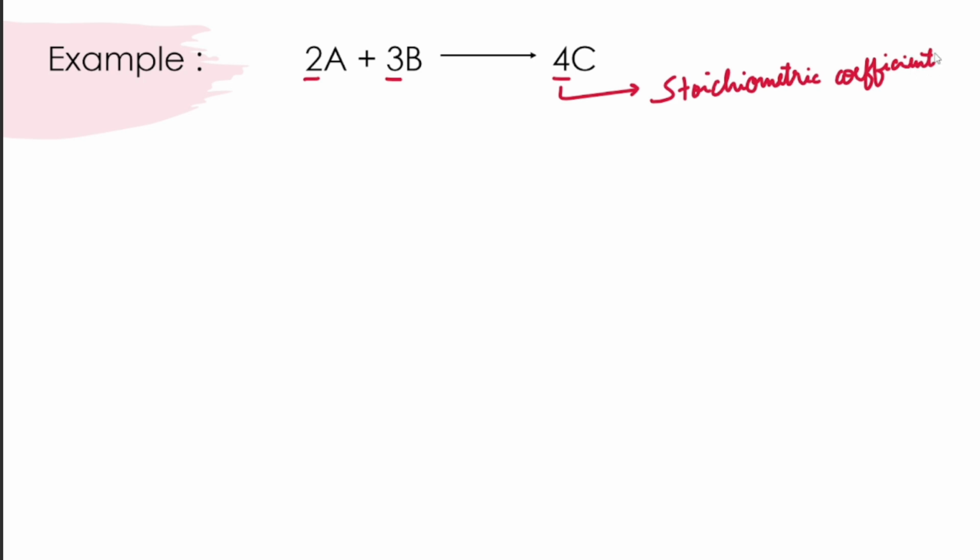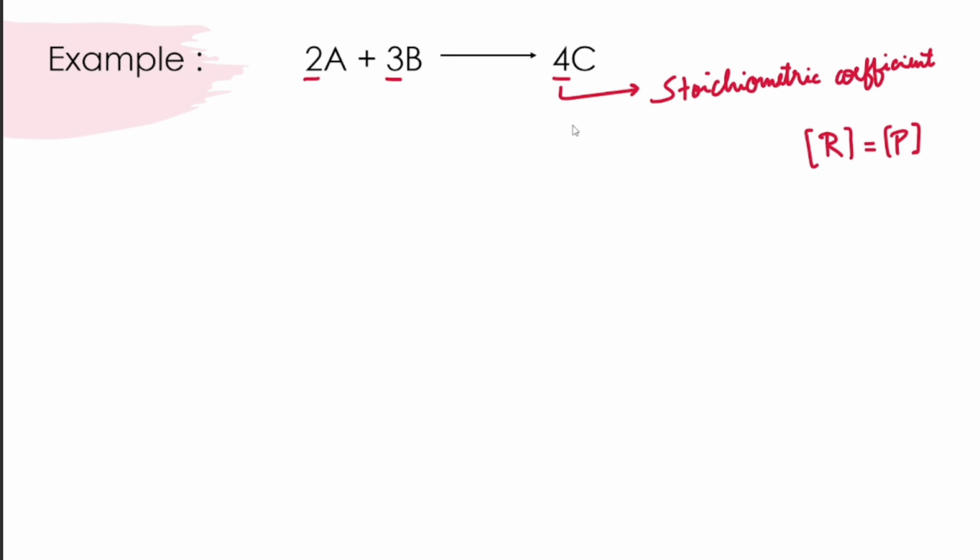The numbers which are present in front of the reactant or the product are known as stoichiometric coefficients. Whenever you write the rate expression, you should equate all the concentrations of the reactants and the products.